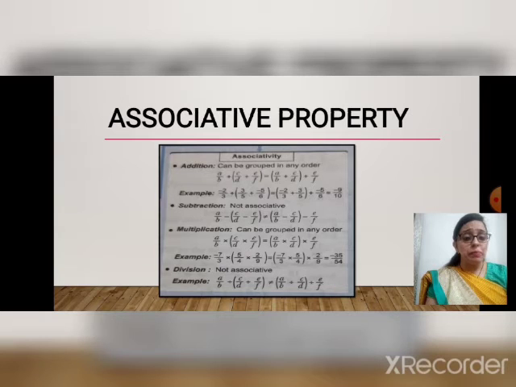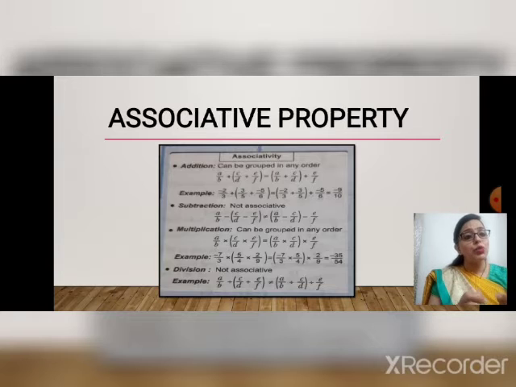Next one is subtraction. It is not associative, because when I take a upon b minus c upon d minus e upon f, I can group in any order. Again, I can take a upon b outside on the left hand side, but on the right hand side I can take a upon b minus c upon d first, because when I subtract 3 minus 4, that is minus 1, and when I subtract 4 minus 3, that is 1.